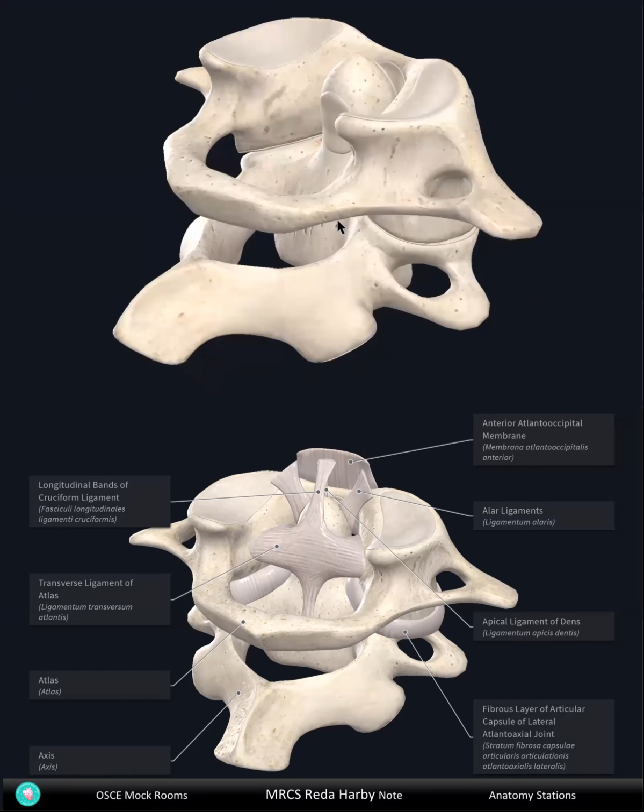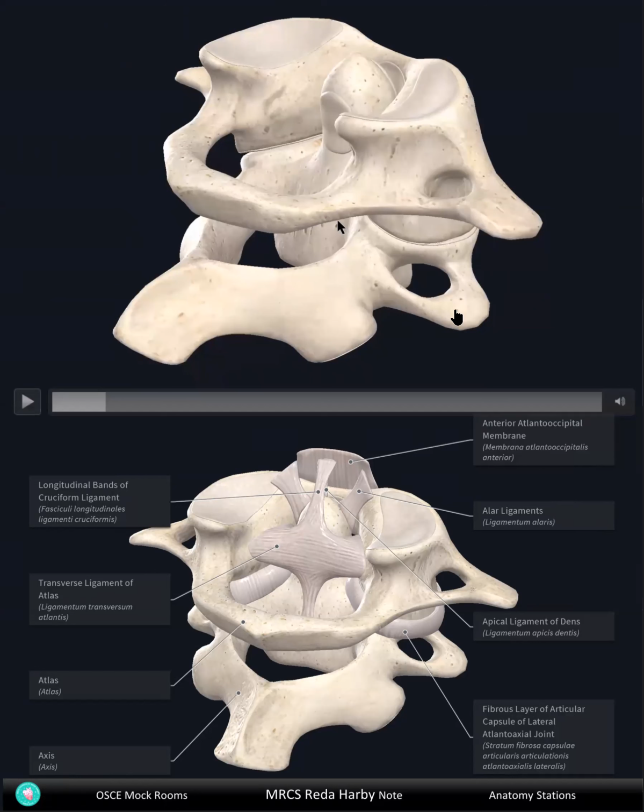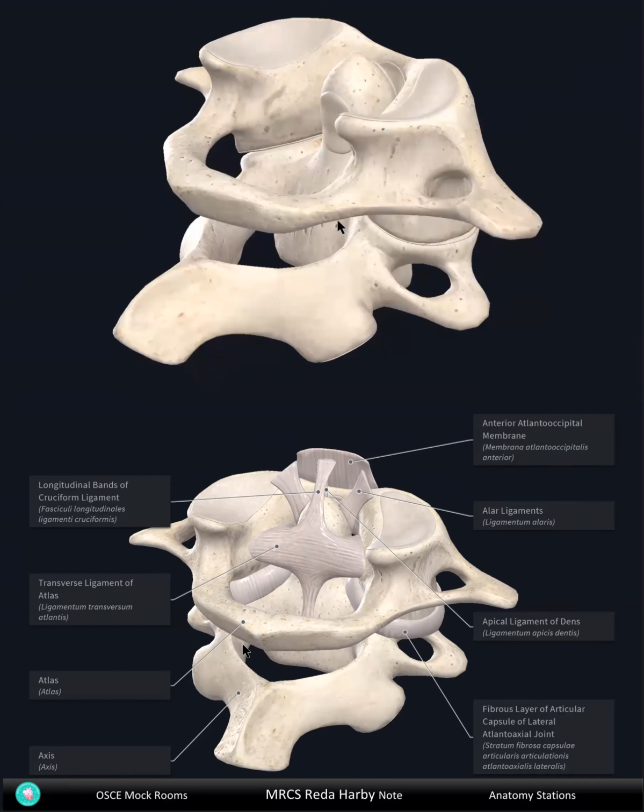What prevents the excess rotation of the atlanto-axial joint? If you look here, you will understand the question. Why are you not able to look completely behind you by rotation of your neck? If you look at this image, it is because of the presence of the alar ligaments.